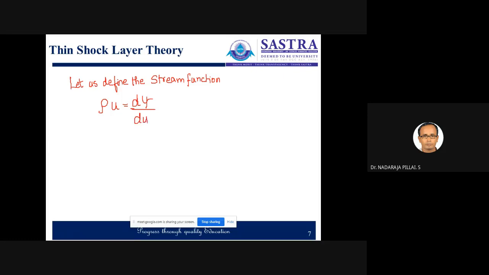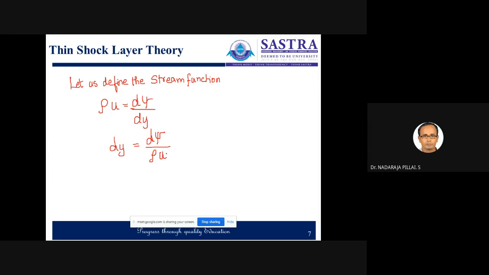We have already studied this in fourth semester aerodynamics probably. So we can write dy is equal to d psi by rho u.